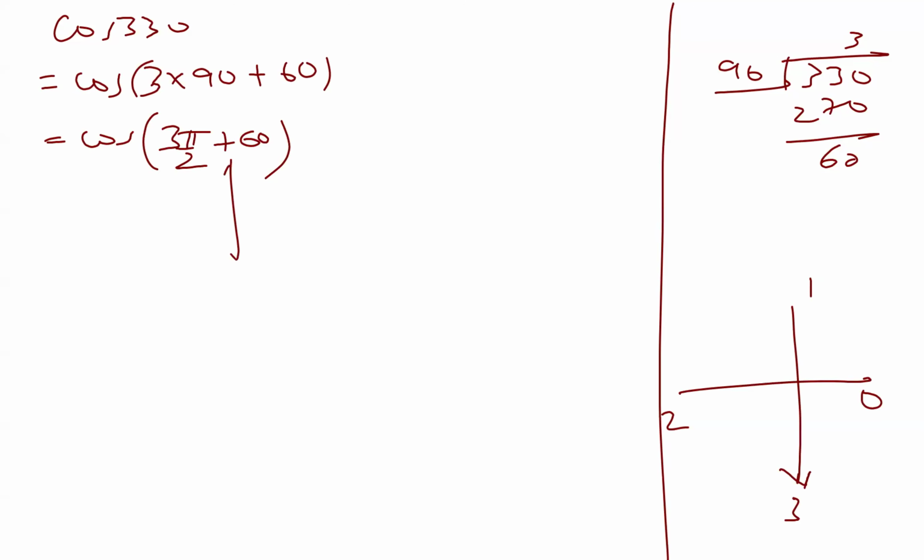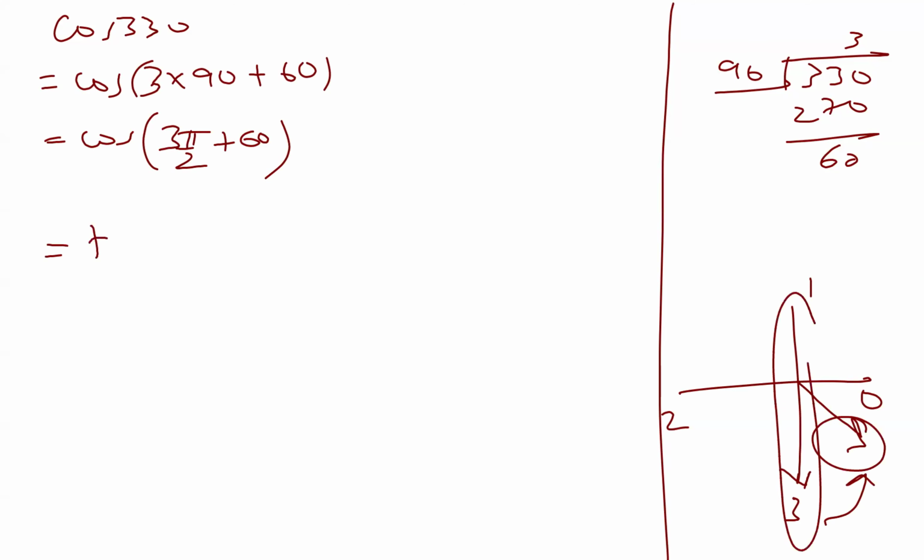Plus is anti-clockwise. In this particular quadrant, your cos is positive, and 3 pi by 2 lies on the y-axis, so cos changes to sin. Sin 60, which is equal to root 3 by 2.